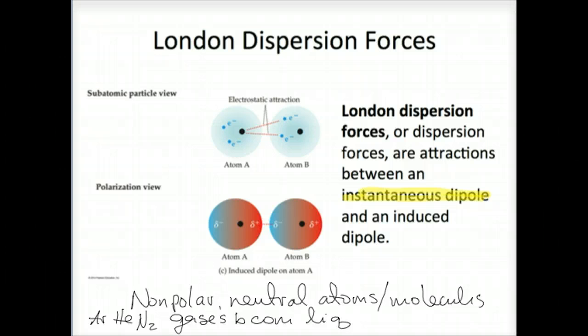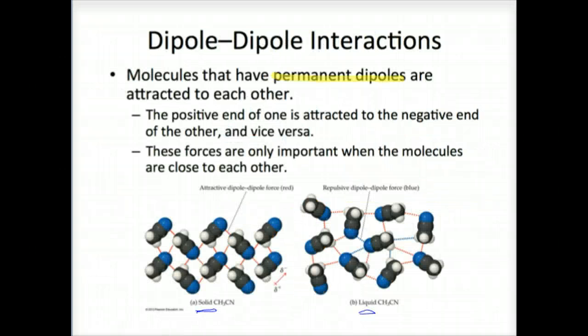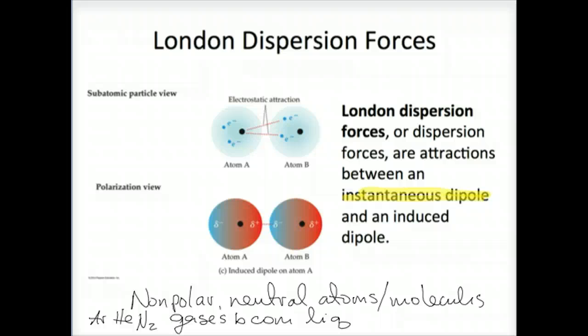So it's due to the movement of the electrons, not the nature of the bond within the molecules. So when we talk instantaneous, we're dealing with movement of electrons, which randomly occurs.